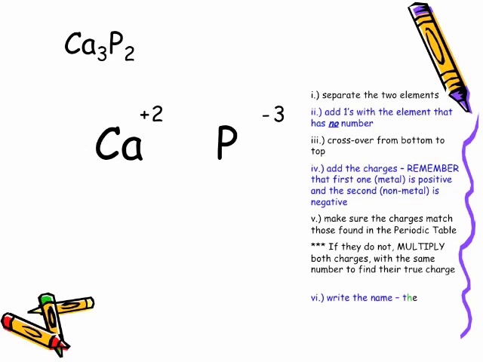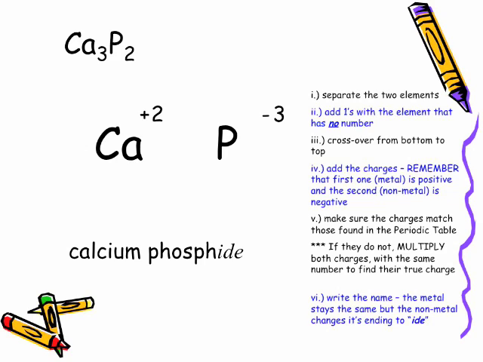So then the last step says write the name. The metal stays the same, but the non-metal changes its ending to IDE, calcium phosphide. So we have calcium and phosphorus, but the phosphorus becomes phosphide. The non-metal loses the ending and it becomes IDE.